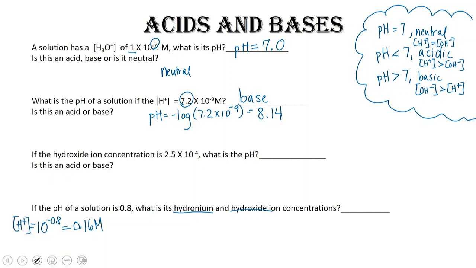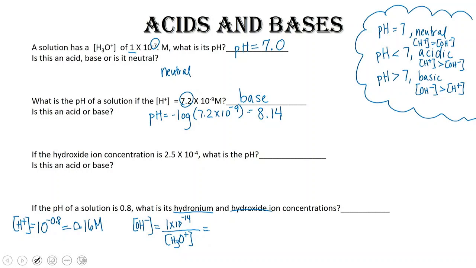To determine the hydroxide ion concentration, we know that hydroxide ion is equal to 1 times 10 to the minus 14 divided by the hydronium ion, which is the same as the hydrogen ion.